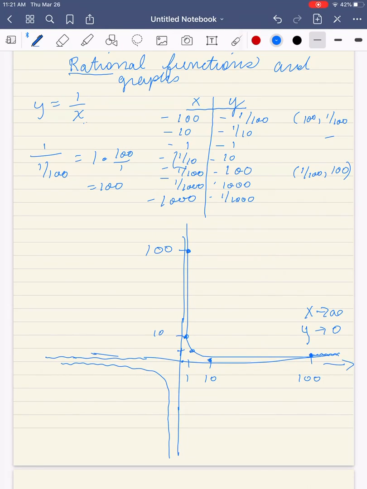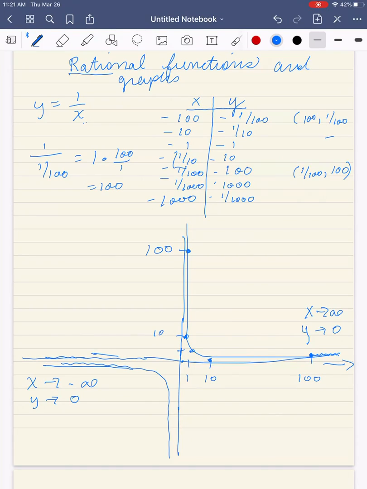And as x is going to negative infinity over here, y is coming up to 0 from the other side. It never actually reaches the x-axis. It just gets smaller and smaller. 1 over 1,000, 1 over 1,000,000, 1 over 1,000,000,000, and so on. But it never actually reaches the axis. And it certainly never crosses over to the other side.